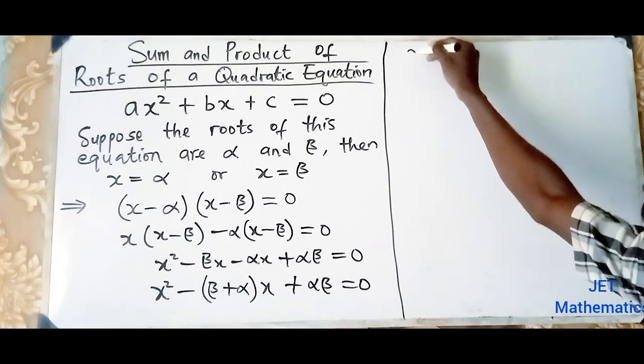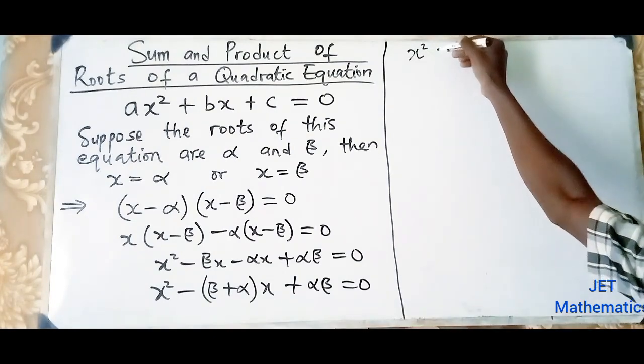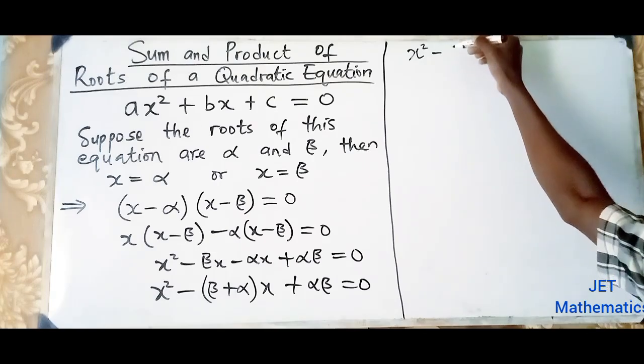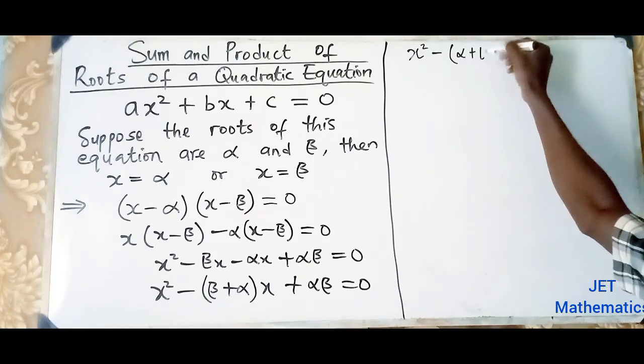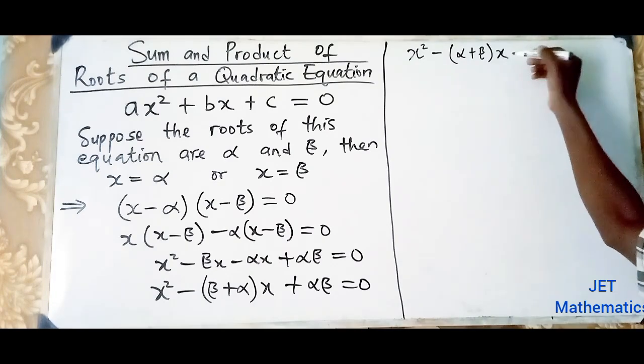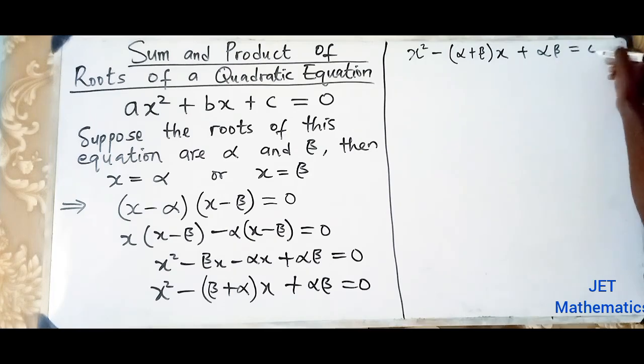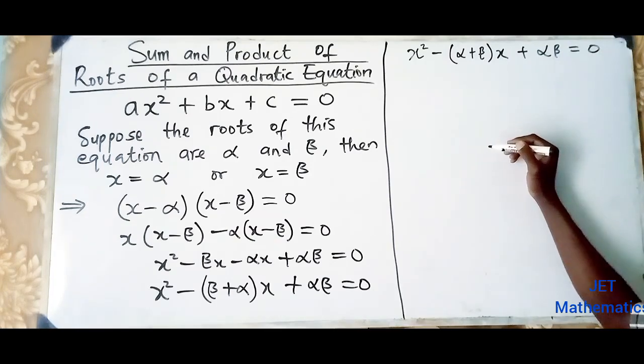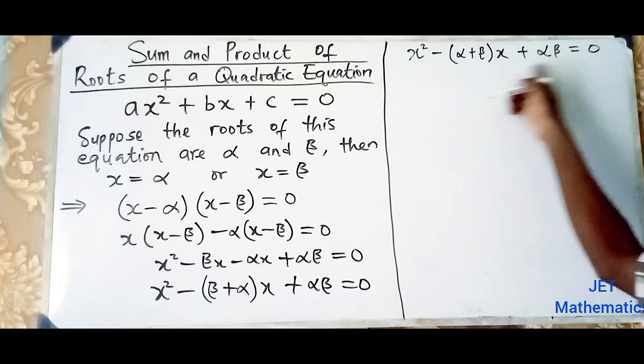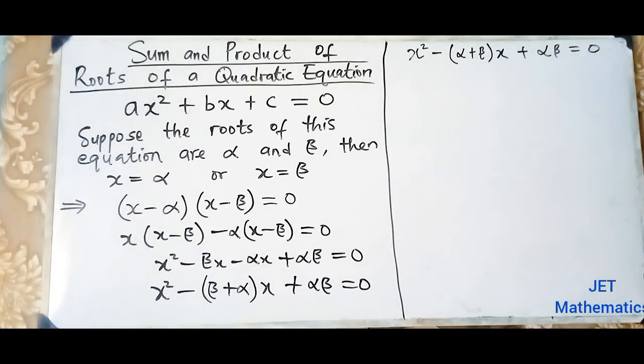But now let's look at something very important. We can rearrange this and say x squared minus alpha plus beta x plus alpha beta equals 0. Okay, so with this equation we can find a quadratic equation whose roots are given.